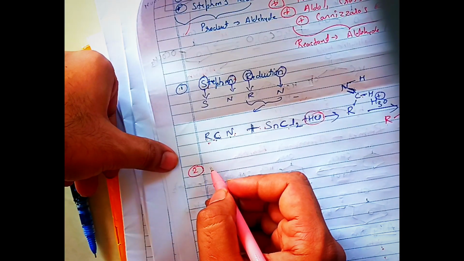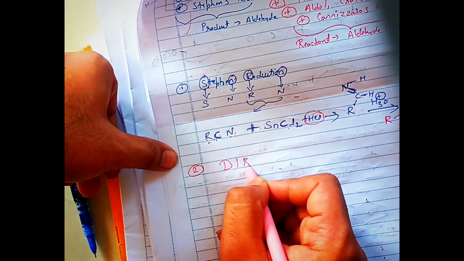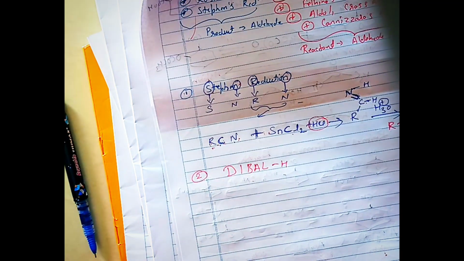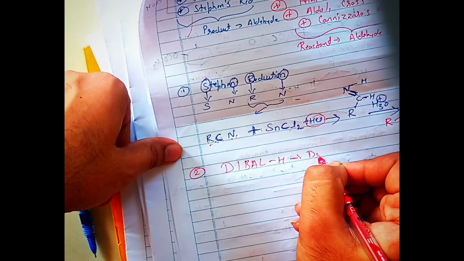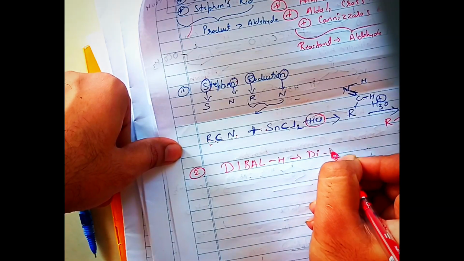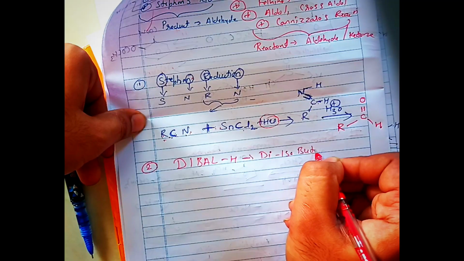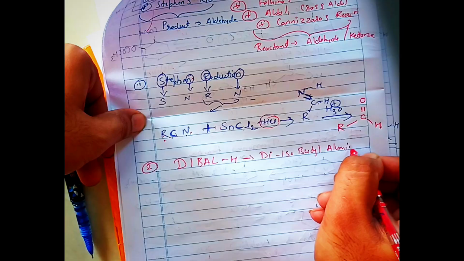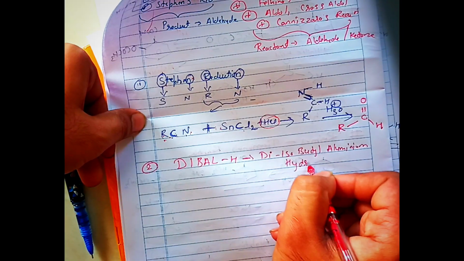Okay, next for the second one, I will go for DIBAL-H. What is the full form of DIBAL-H? This will be diisobutylaluminium hydride.